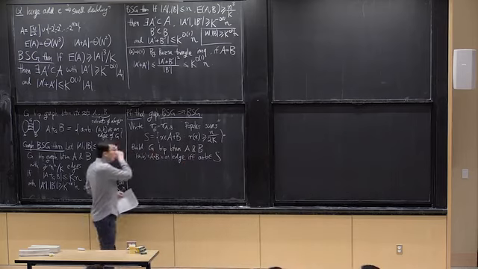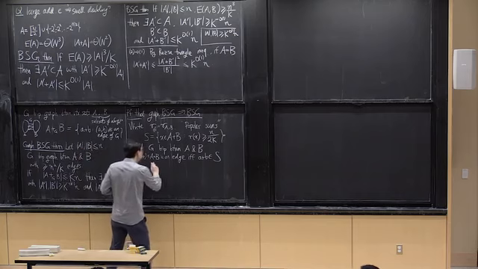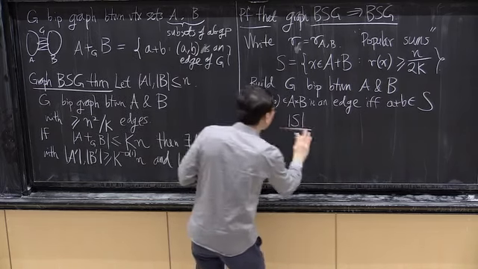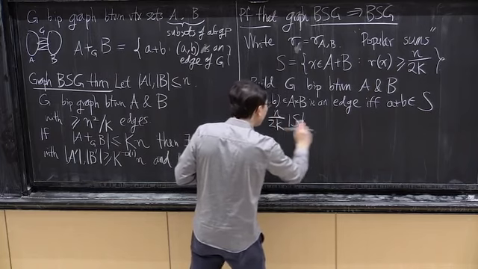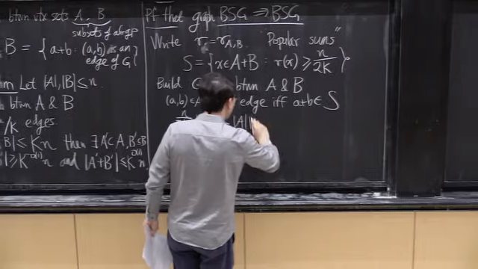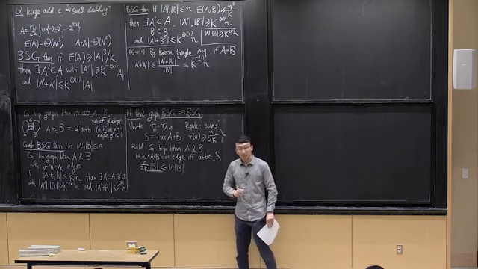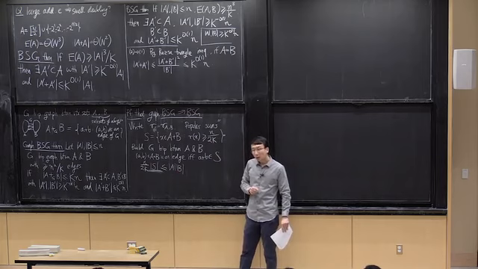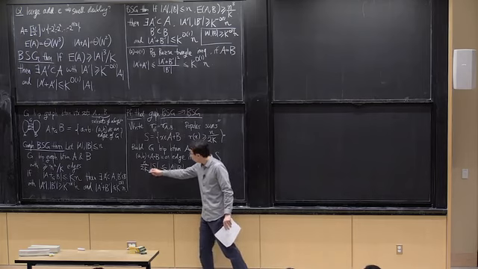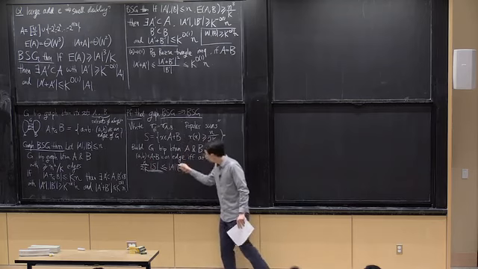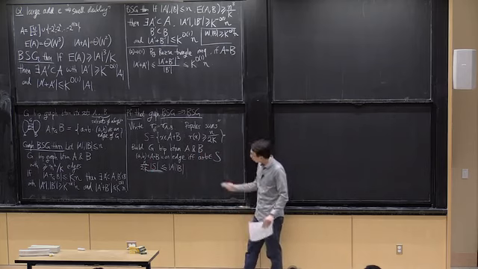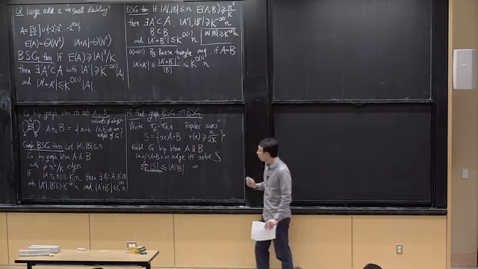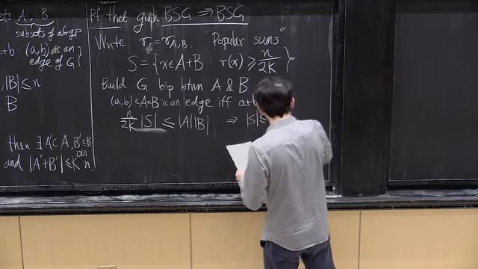On one hand, because each element of S is a popular sum, if we consider its multiplicity, we find that the size of S multiplied by n over 2k lower bounds the size of A times the size of B. So if you think about all the different pairs in A and B, each popular sum contributes this many times to this A cross B. As a result, because size of A and size of B are both at most n, we find that the size of S is at most 2kn.